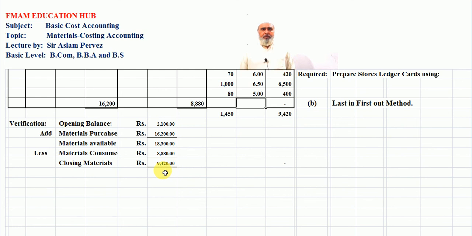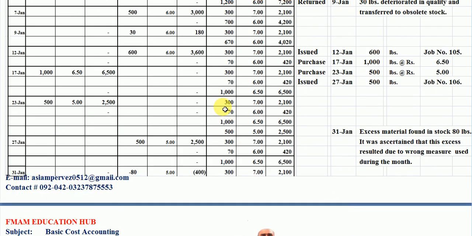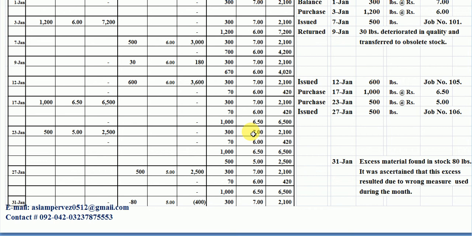It means that we have the same amount for the closing inventory. It means that we have solved our problem 100% accurately. Student, this is the problem which is solved with the help of the LIFO method.